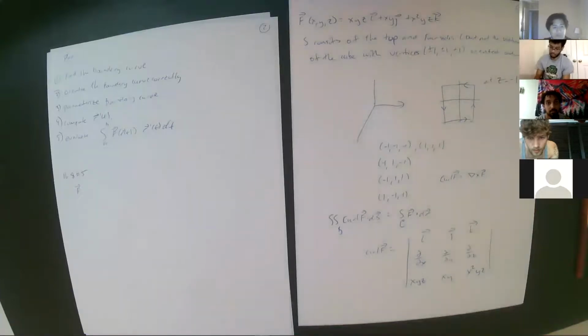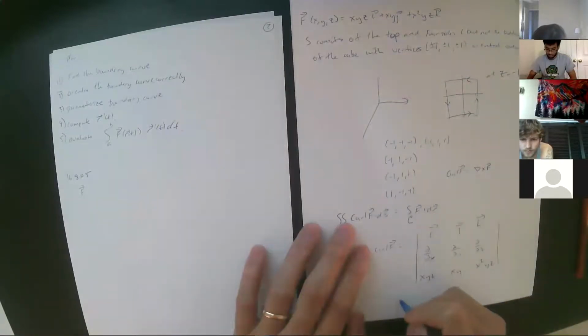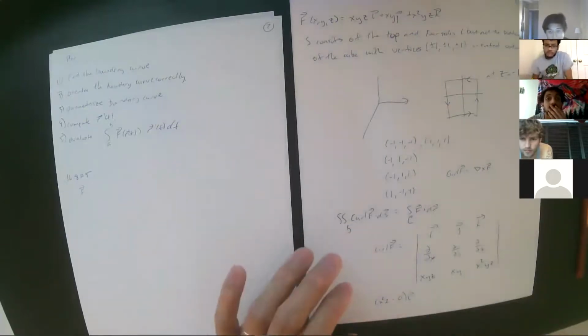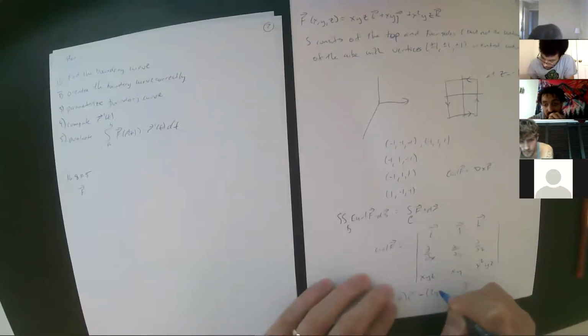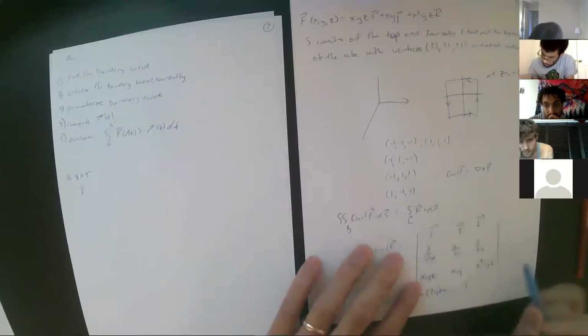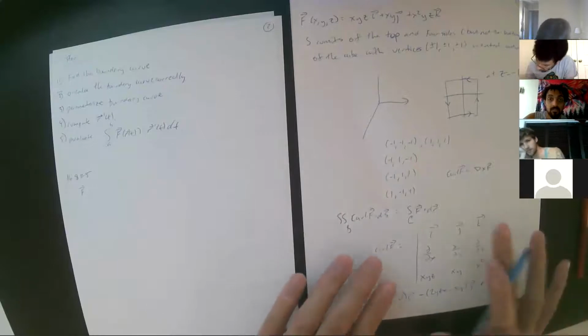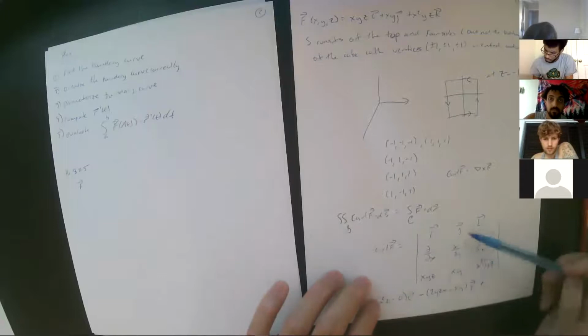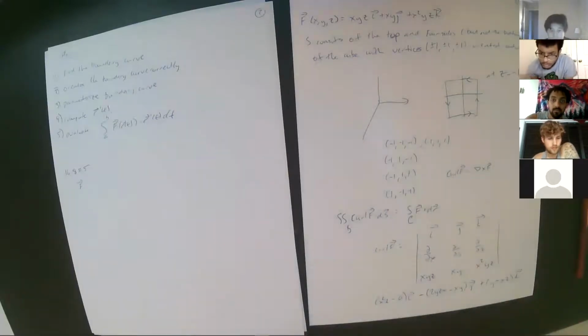Let's just compute this. The curl is i times x squared z minus 0, minus j times 2yzx minus xy, plus k times y minus xz. This is the curl.